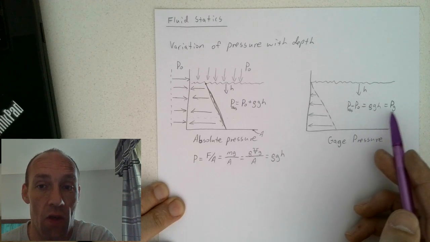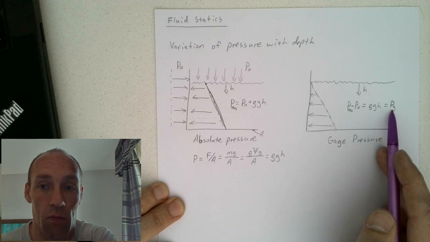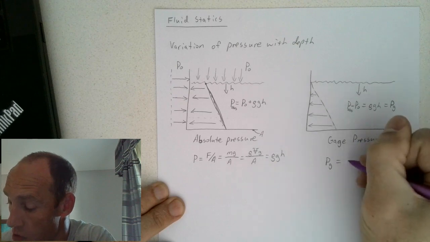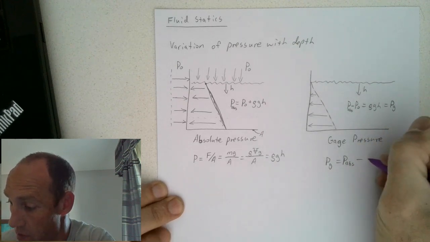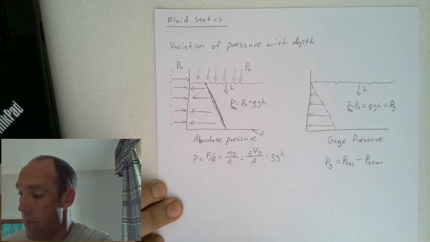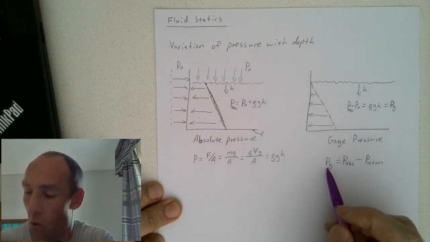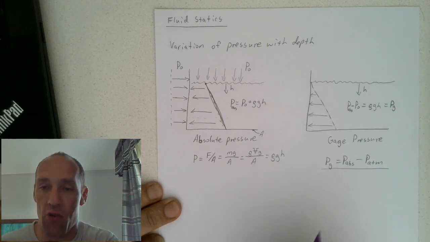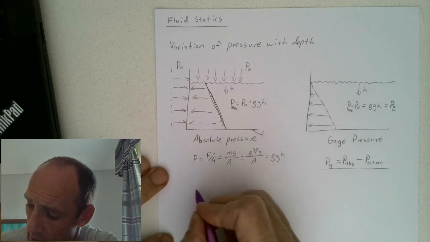What we get is what's called gauge pressure. So P_G is just the absolute pressure minus the atmospheric pressure. In many instances, depending on your device, you may be measuring the gauge pressure.